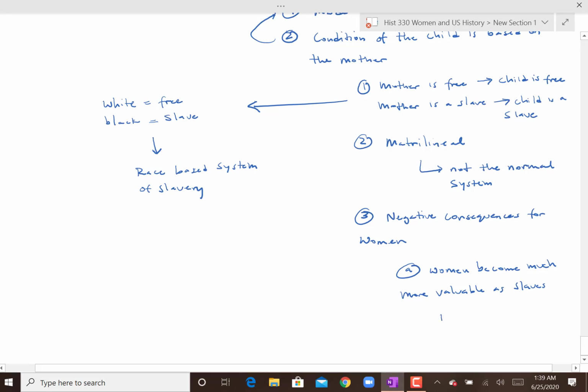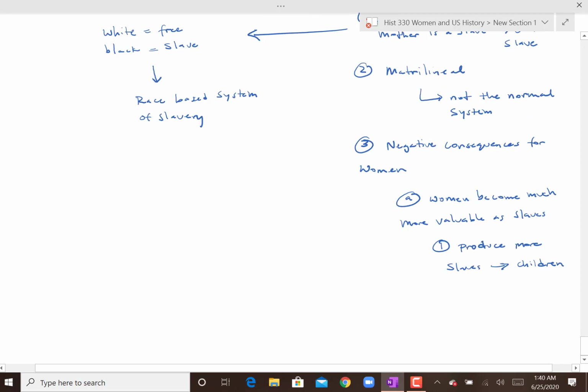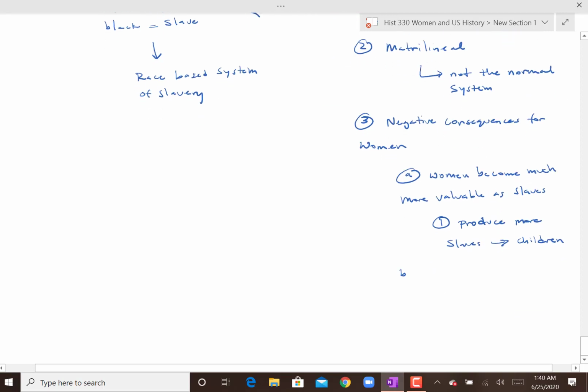Because, right, they produce more slaves through their children. You don't want to buy another slave? Well, if you just get some female slaves, and then they can have children, and those children now automatically become slaves themselves.